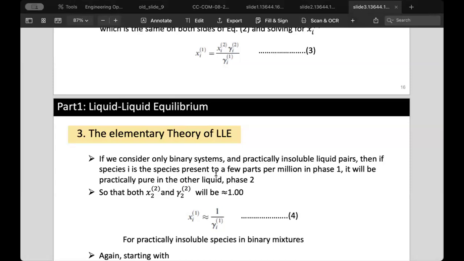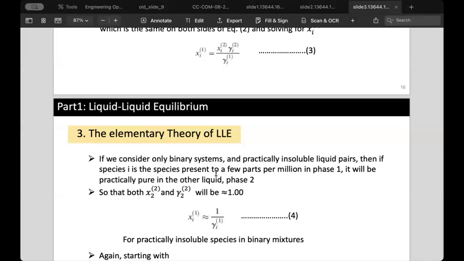And what is the activity coefficient of benzene in that phase? In the benzene rich phase, gamma is 1, because it's close to a pure component, right? When x approaches 1, of course, gamma approaches 1 too.